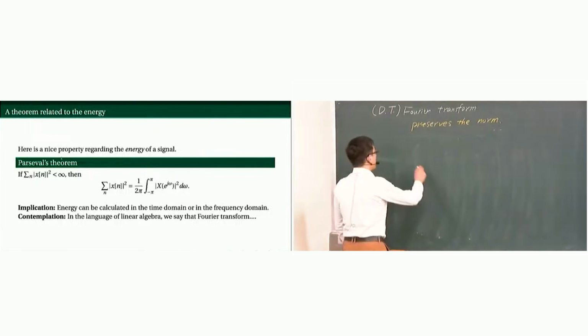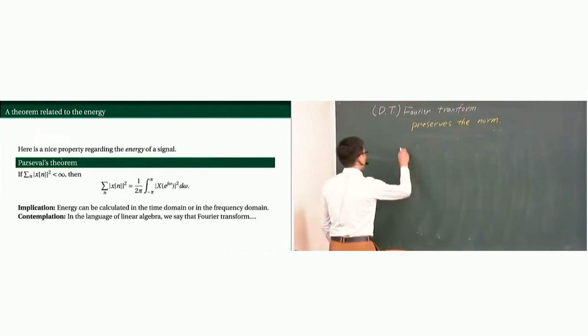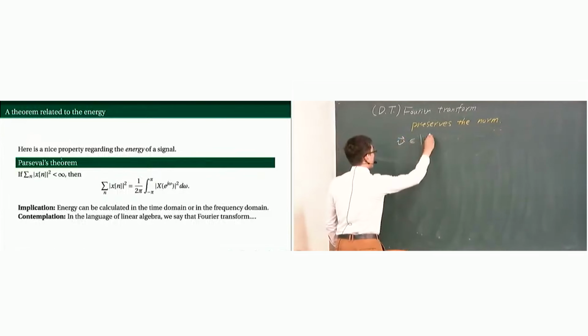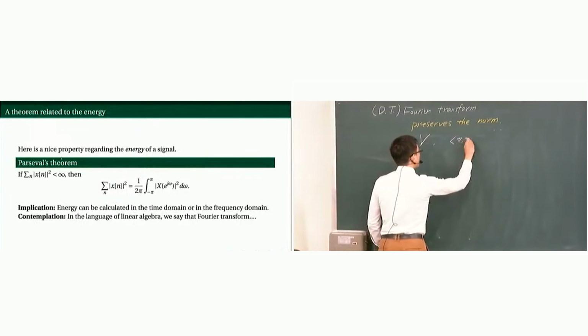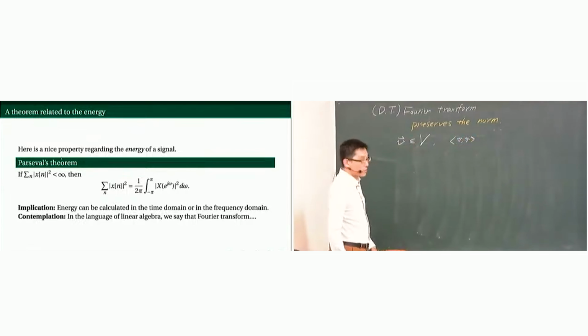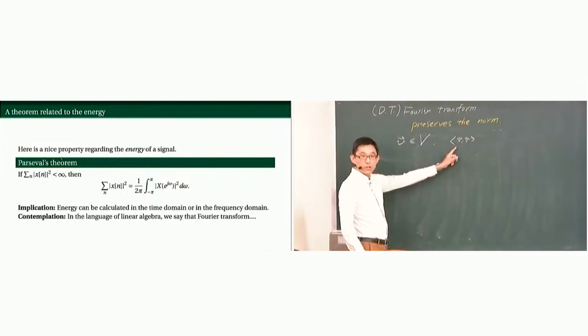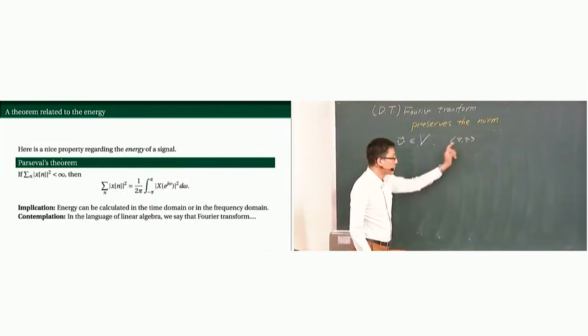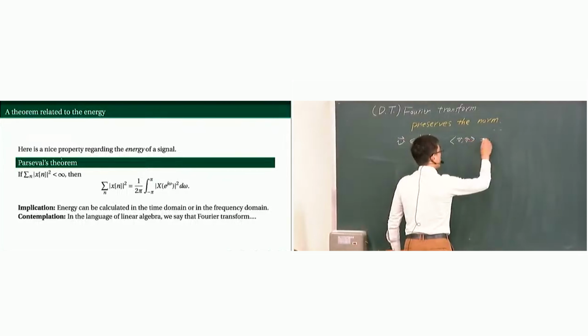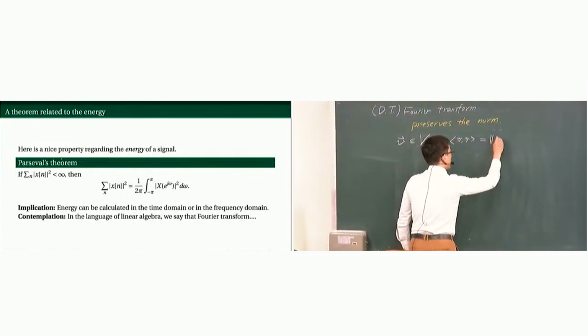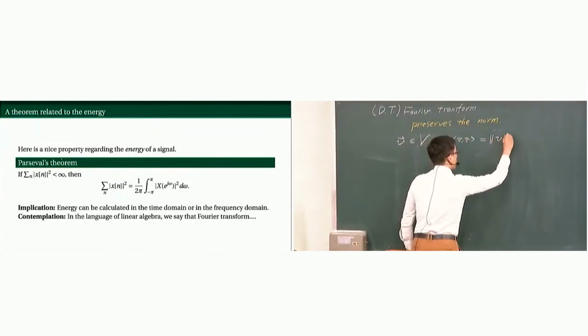Say v is a vector which belongs to a vector space V, and we can endow the space with an inner product, usually denoted with angle brackets. When we take the inner product of a vector in any given vector space, that is the definition of norm square.